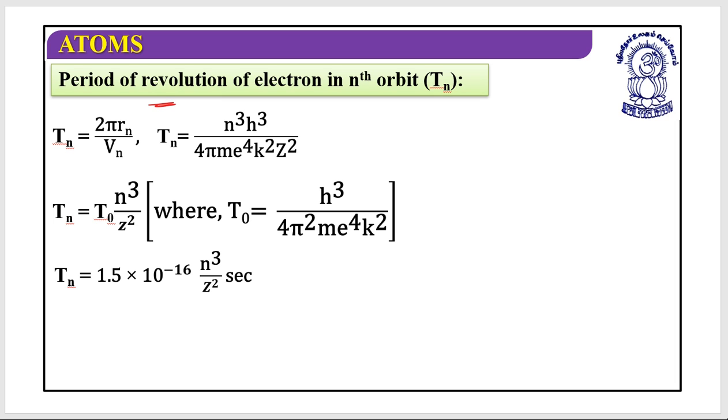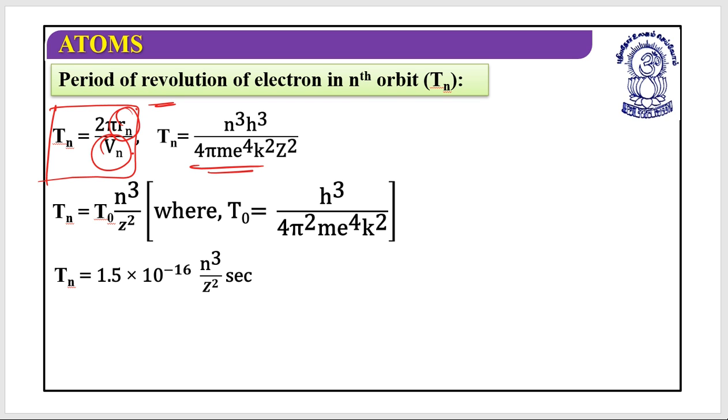the period of revolution of the electron in the nth orbit. I have the radius and the velocity, so the time period can be calculated very easily. The time period is equal to 2 pi r divided by v, and if I put in the values, it will look like this.